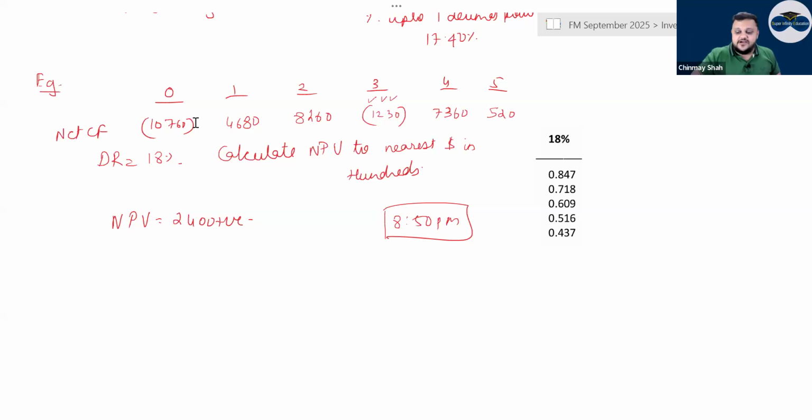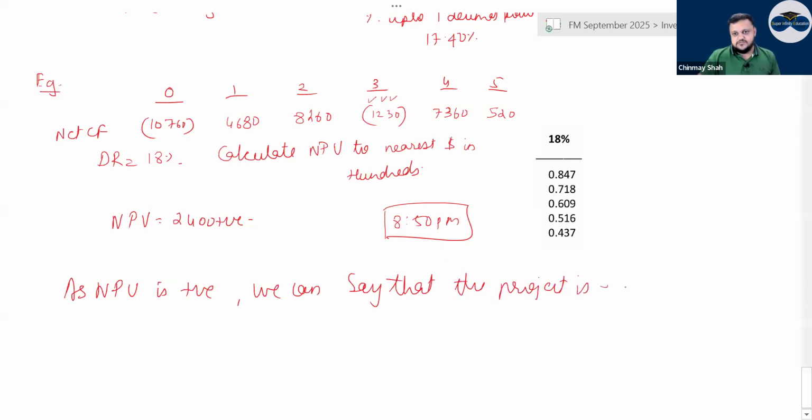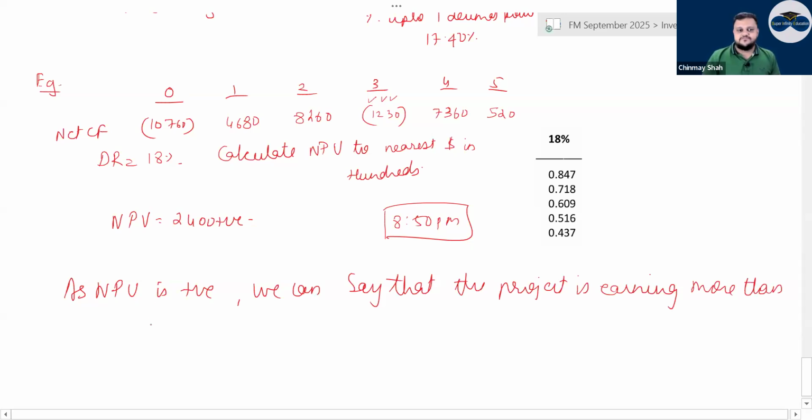So write down below this question: as NPV is positive, we can say that the project is earning more than 18% per annum, which is the cost of capital for the project.